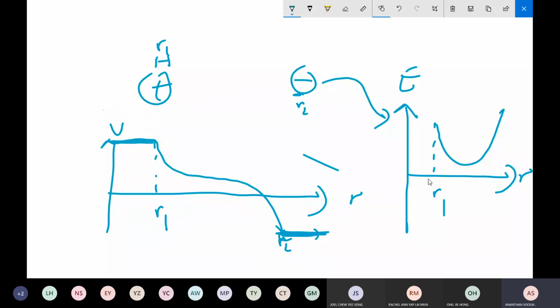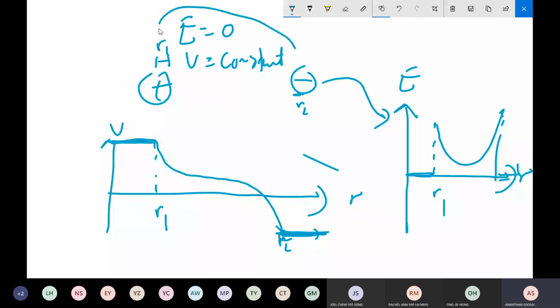Sorry, it should be negative, zero. Both should be zero, cancelling. So inside the sphere, remember, E is always zero and V is always constant. It's always constant for a sphere.